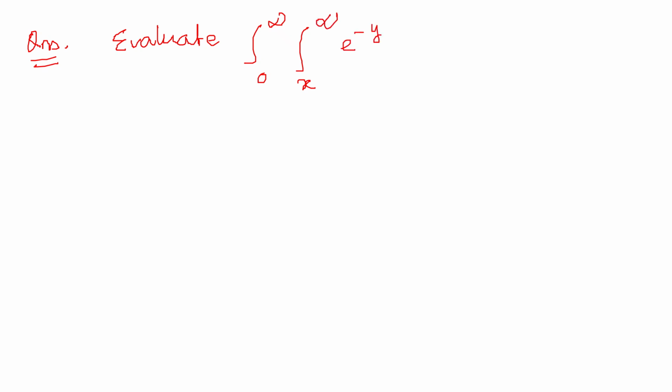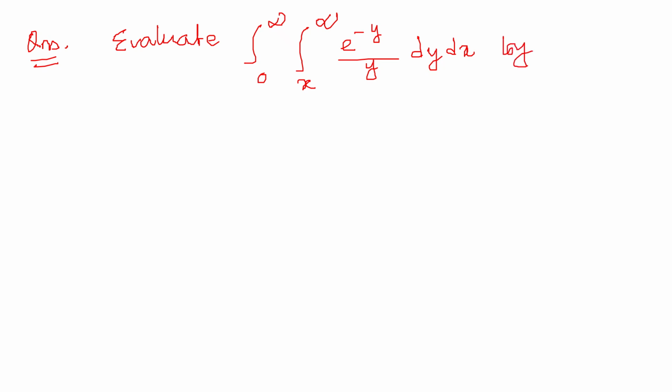In this problem, the limits are given in infinite form. Evaluate the integral from 0 to infinity, and for the other, x to infinity is given. So infinity limits are there. In this case, how do you handle the problem whenever you are going to change the order of integration?